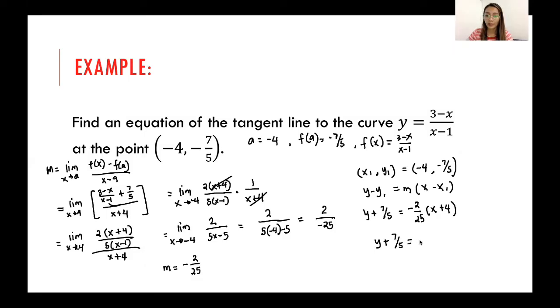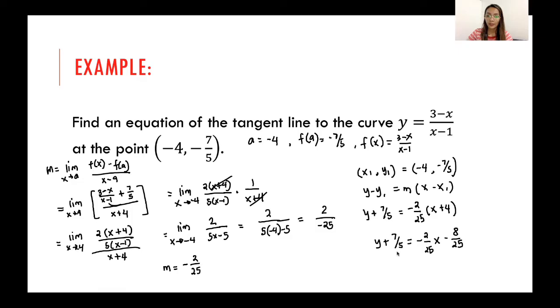It will become negative 2 over 25x plus negative pa rin. Okay, so negative 2 over 25 times 4 is negative 8. So this one is minus 8 over 25.